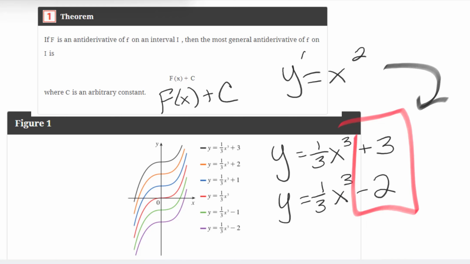You always have to add a plus c on the end of it, unless it's a definite integral. That's because we don't know what that value is. We would need other information to determine exactly what that one was. Okay? So that part makes sense. There are a lot of calc teachers that will literally mark things wrong if you don't put the plus c. So just keep that in mind.